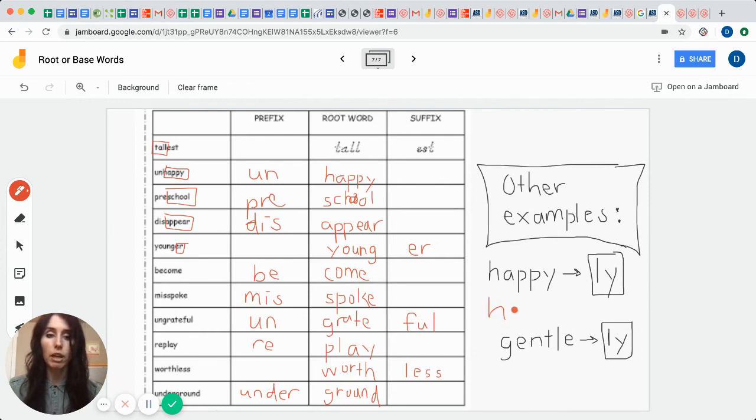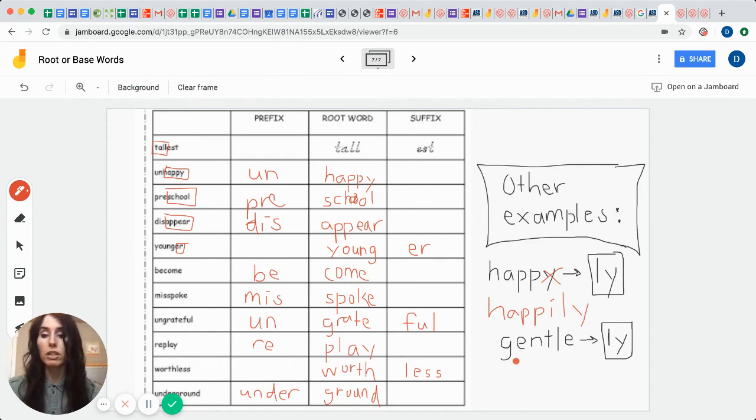So I would take happy. Again, I'm just showing you how you would take this lesson and change it just a little bit to make it correct spelling too. So you're going to drop the y. In its place, you're going to add i, happi, and then you just add the suffix to it. So not too bad, not too many changes on that one.